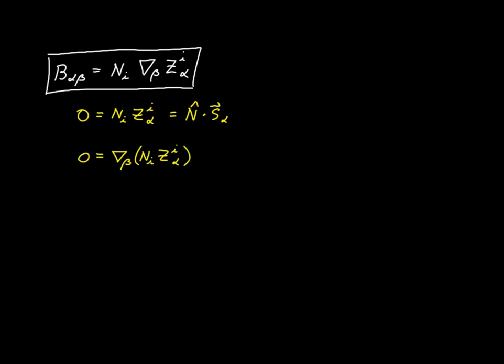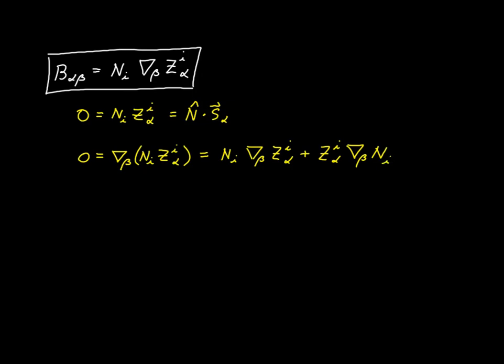And of course, as a product here, that suggests that we need to use the product rule. So this is going to be Ni times the covariant derivative of our shift tensor, and then plus our shift tensor times the derivative of the normal.